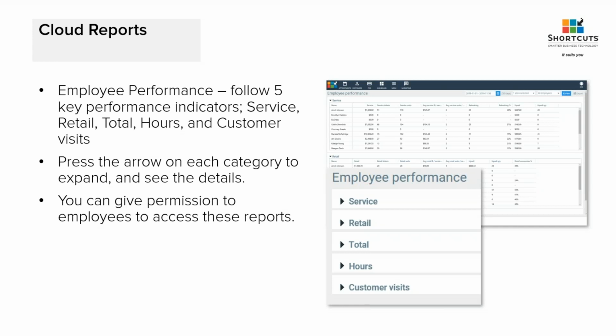And of all of the reports that we've been looking at, you can pick and choose which reports the staff should have access to. And the security also limits them so that they only see their own totals, not necessarily the totals of the business or of their coworkers, unless you decide to give them a site manager level permission.